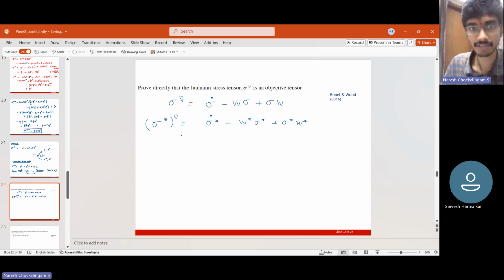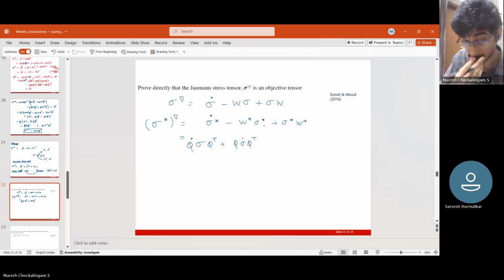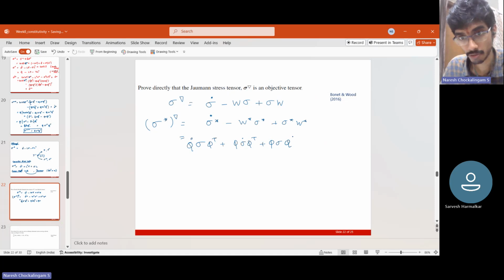Proceed in the same way as we did for the Truesdell stress rate. So what is sigma star dot? Sigma star dot is Q dot sigma Q transpose plus Q sigma dot Q transpose plus Q sigma Q transpose dot. What about W? It is defined as the skew symmetric part of L.